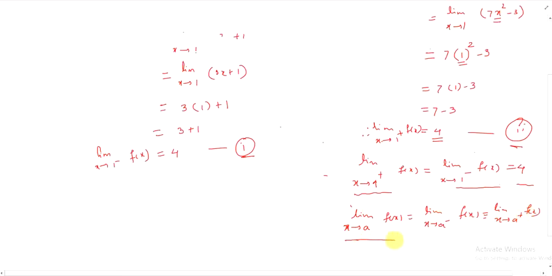Okay, so try to understand this one. This is not so difficult, it is so easy. When you get that, you will get that it is so.